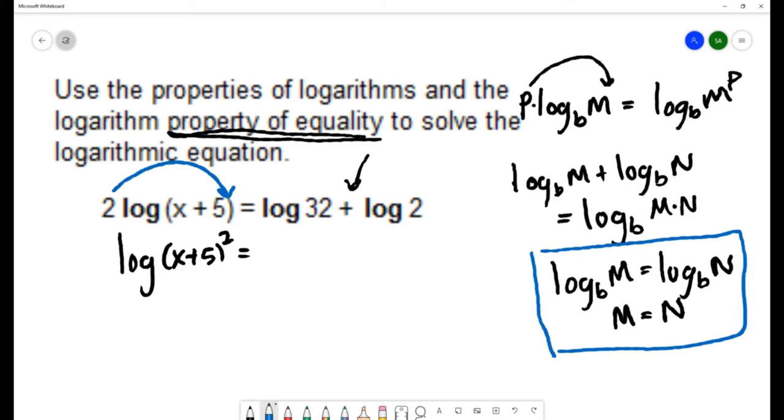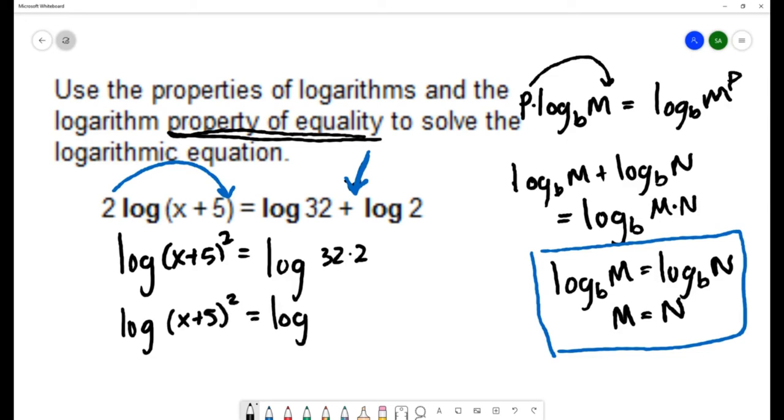On the right-hand side, I want to write a single log, so I'm going to condense with the product rule and write this as log of 32 times 2. So this is log of x plus 5 squared equals log of 64.